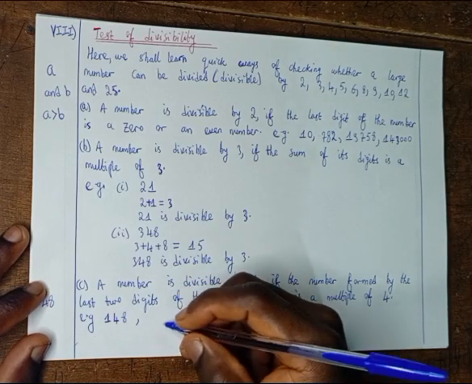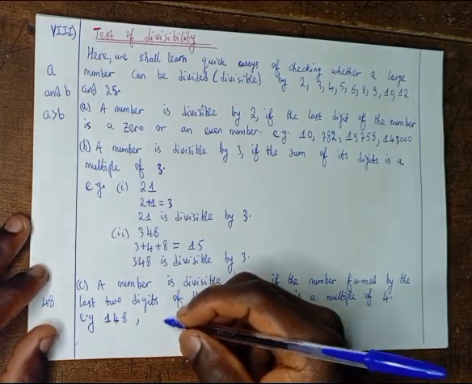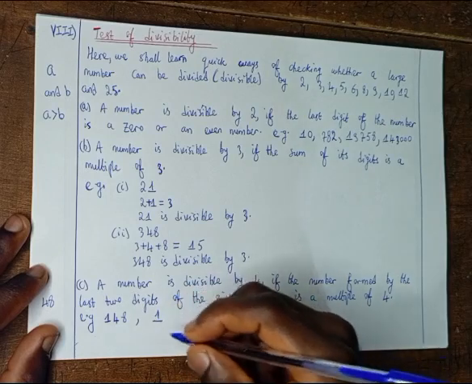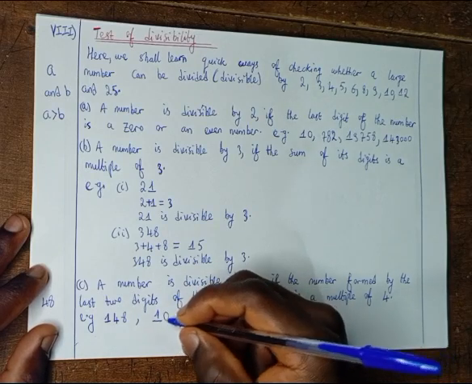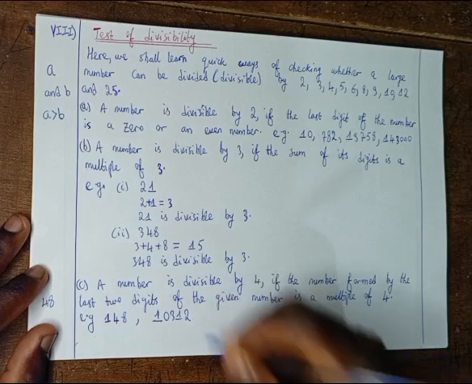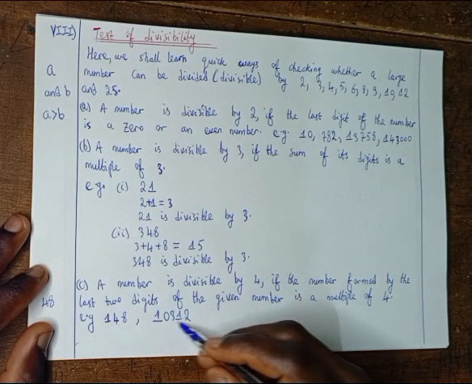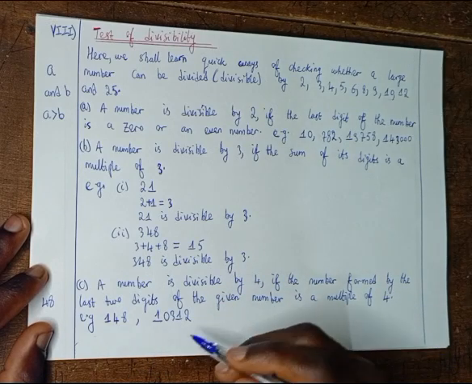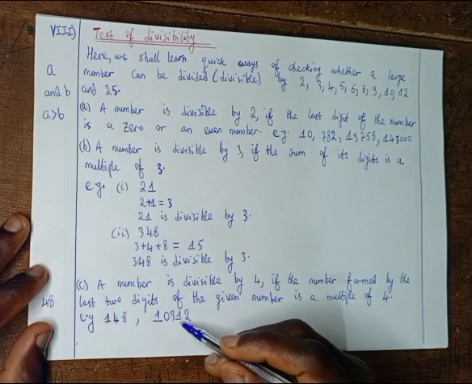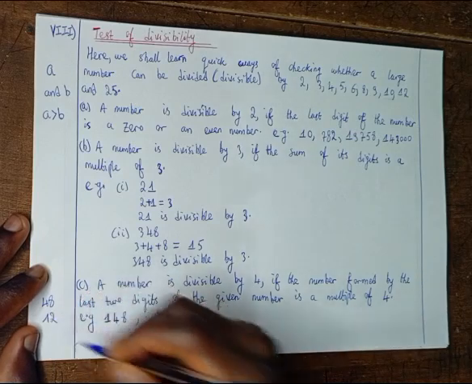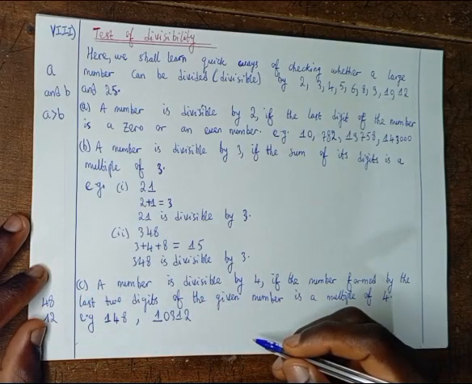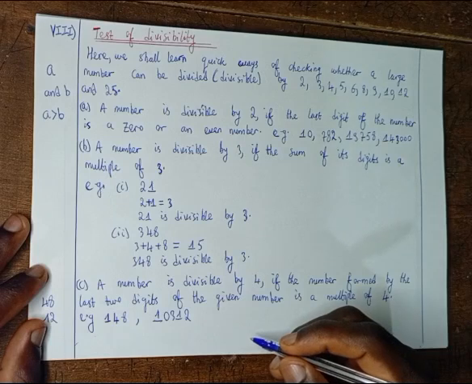Next, you take the number 10,312. This number is divisible by 4 because the number formed by the last two digits of this number is 12, which is a multiple of 4.